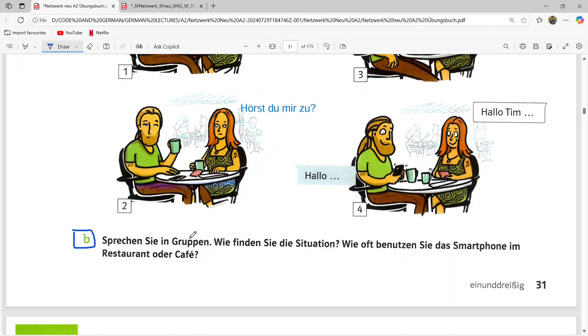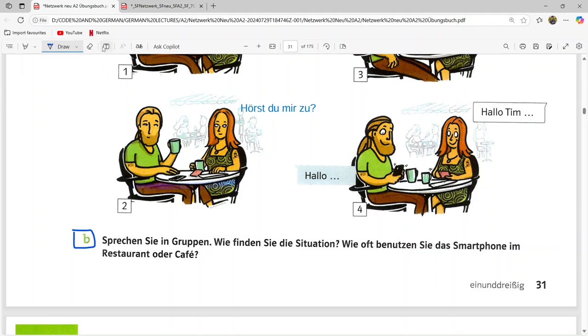Sprechen Sie in Gruppen. So speak in a group. Wie finden Sie die Situation? So how do you find this situation? Wie oft benutzen Sie das Smartphone im Restaurant oder Café? So you talk with your group and try to answer this question, how often do you use a smartphone in a restaurant or cafe?